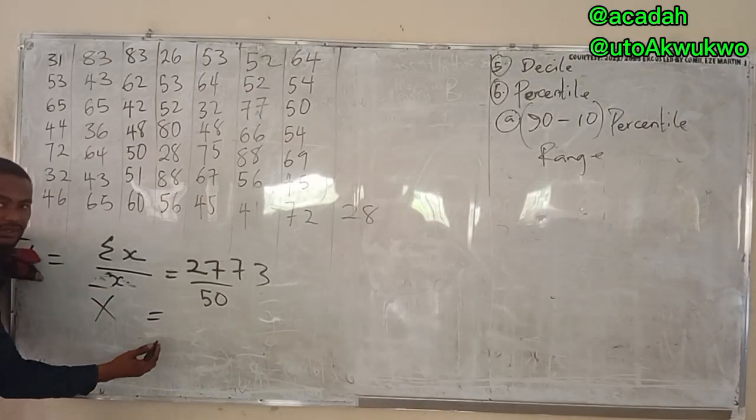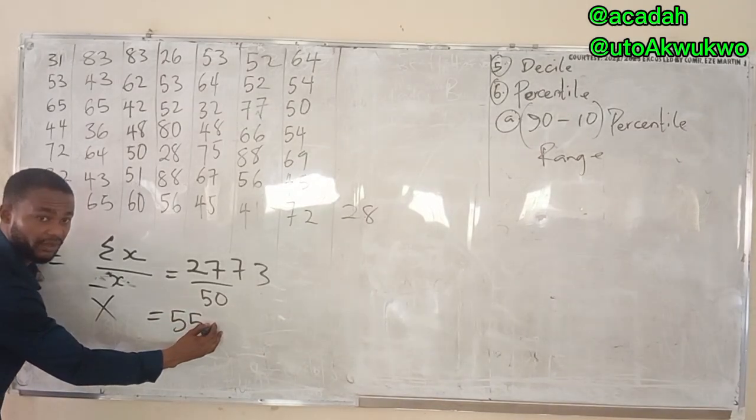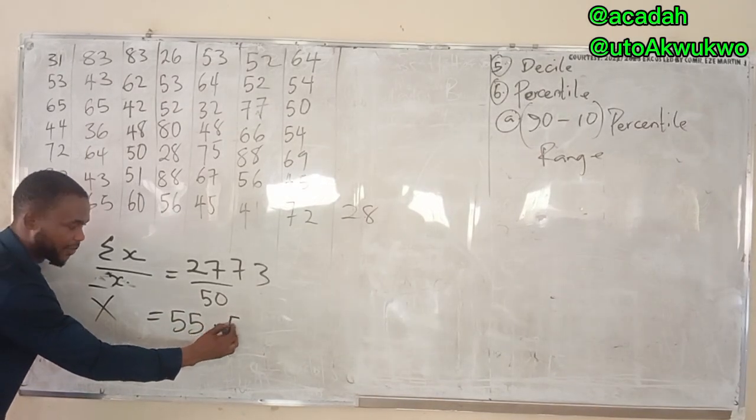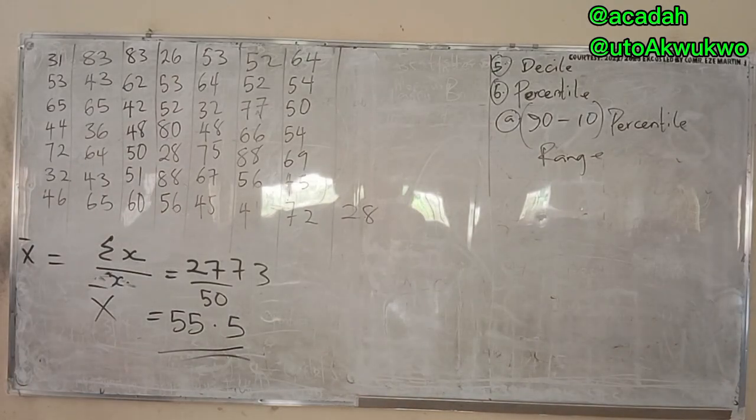What do you get? 5.46, that's approximately 55.5. Note it, we will note our value. Now let's go to the next one.